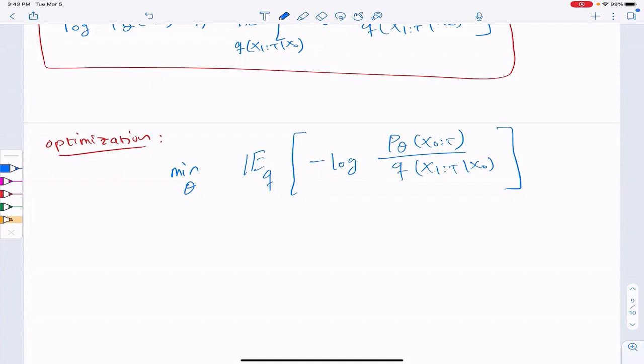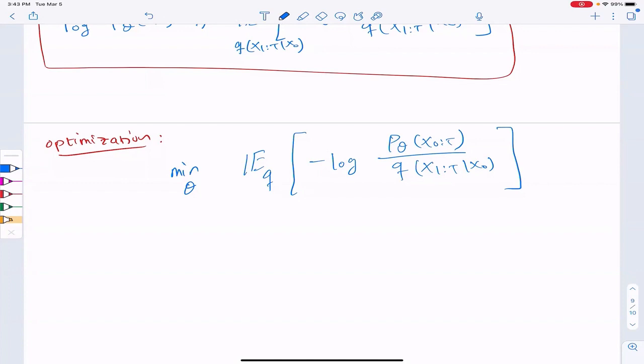Again, it is very similar in spirit to the approach that we did for the variational autoencoder. So q is like a helper distribution for us. Without it, it would be very difficult to solve this optimization problem. That's one point that I wanted to make.